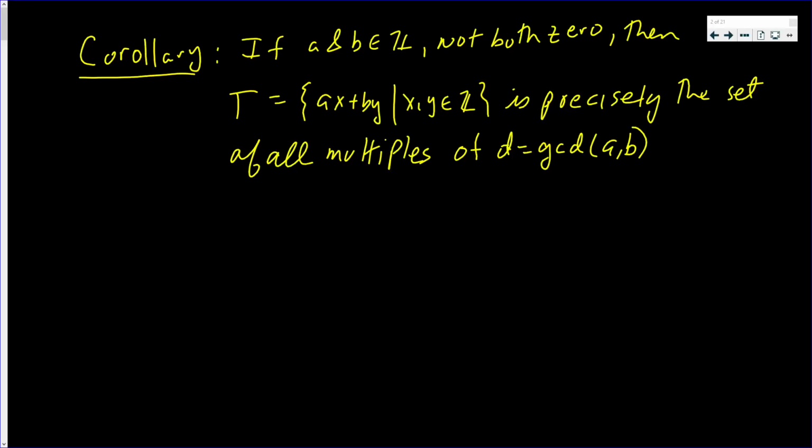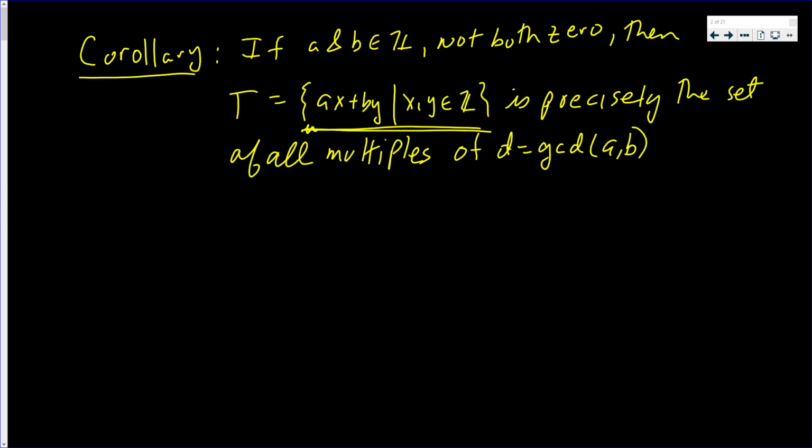We're going to prove a corollary to Bezout's lemma. It says that if a and b are integers not both 0, then the set of all linear combinations of a and b is precisely the set of all multiples of the GCD of a and b.